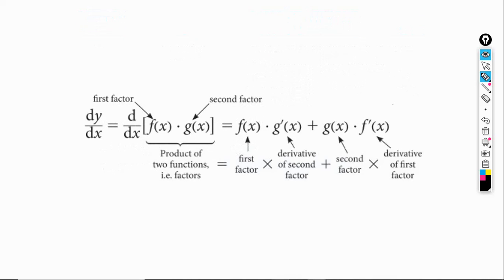So this is the product rule, and it says that if you want to find the derivative of a function that is actually the product of two functions, like here we have f of x times g of x, and we'll call them factors, then the derivative of this is equal to the first factor times the derivative of the second factor plus the second factor times the derivative of the first factor.